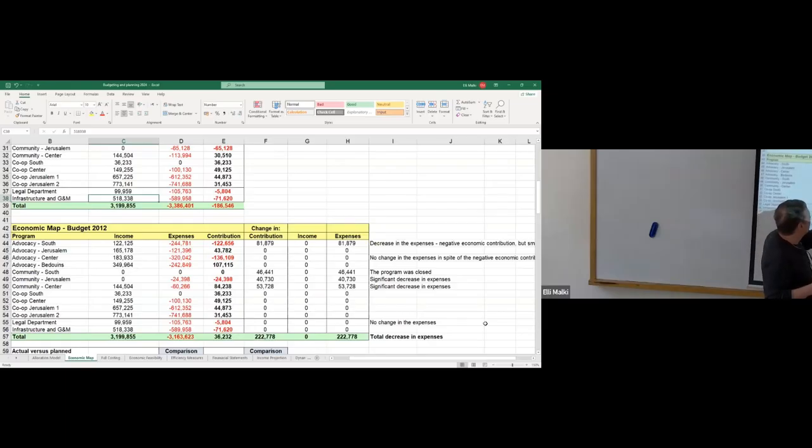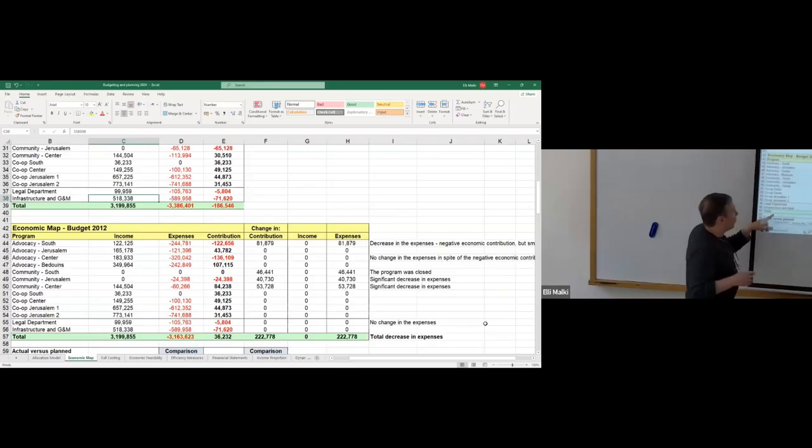If we look at the bottom line column here, we can see that in 2012 there was a plan for a small surplus. Maybe not large enough, but a small surplus. Now, we want to analyze the recovery plan and understand what happened. Based on these numbers, it's very difficult to see.